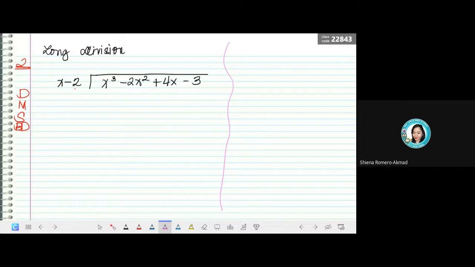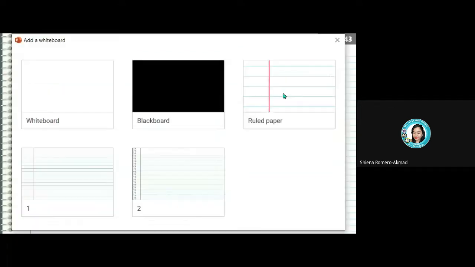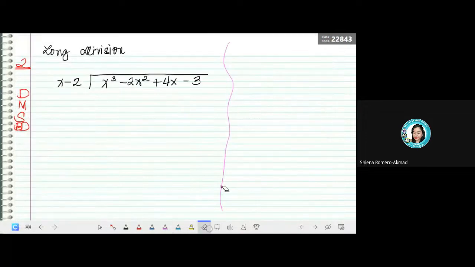divided by x. O, sabi sa inyo, di ba, technique. Siguro kahit di na nga tayo mag-scratch eh. Technique, pwede kayong mag-subtract lang sa exponent ng x. So, pag nag-divide ka, ito, x cubed divided by x, 3 minus 1 is 2. So, magiging sagot natin dyan, x squared.